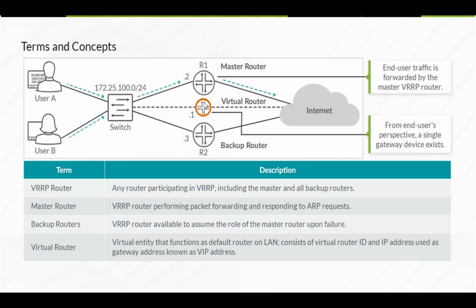That means the virtual router is the default router that has the default gateway, which we give to the users. This virtual router provides one virtual IP address and the respective MAC address so that users can connect and get internet. Okay, so these are the terms and concepts to deploy VRRP.